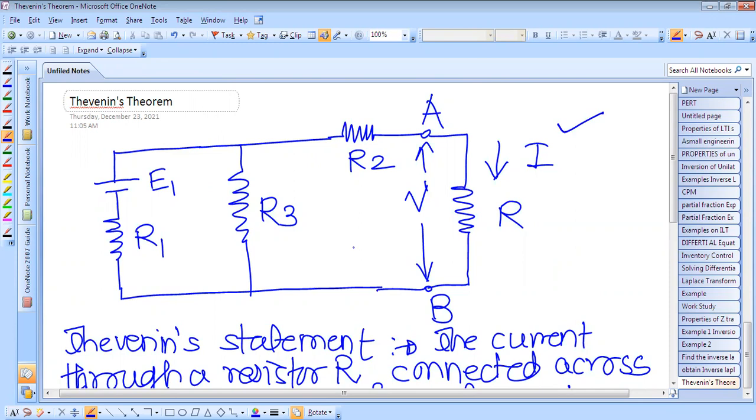So how can you find this current flowing through the resistor R? First, we have to know the statement of Thevenin's theorem.